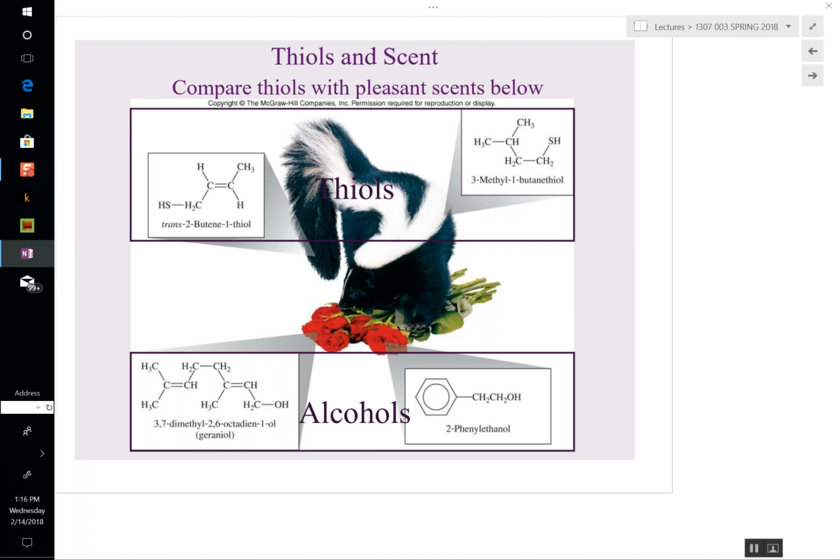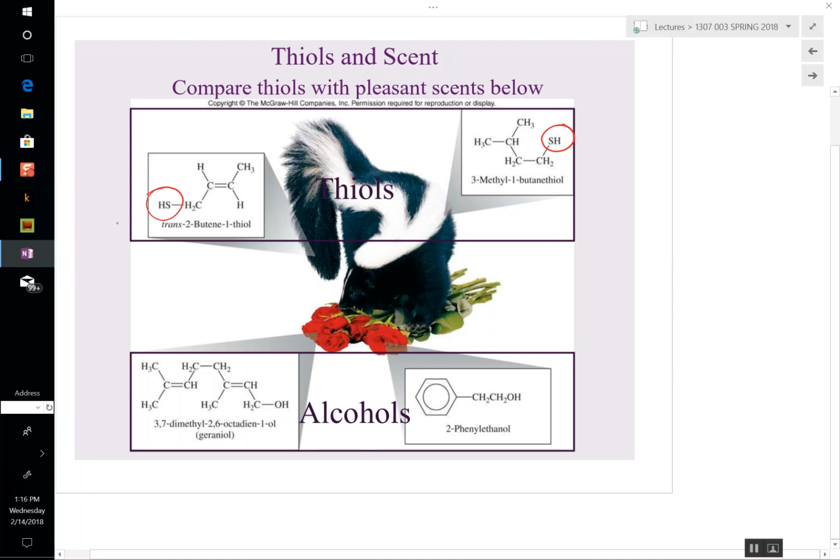Here is geraniol, dimethyl 2,6-octadiene 1-ol, etc., which smell good. But unfortunately, Pepe Le Pew produces these kinds of molecules, these thiols. Here are the thiols. Where's the thiol on here? Oh, right there.